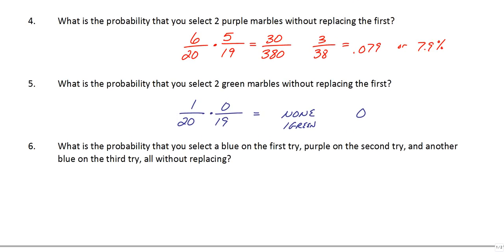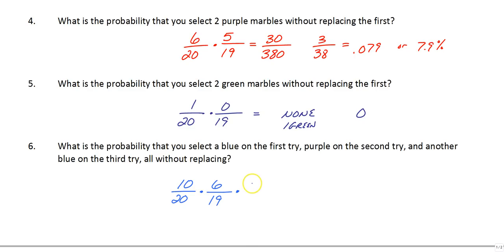And the last one, number 6, what's the probability that you select a blue on your first try? So there's 10 blue out of 20. Your second try, you're going to select a purple. So there's 6 purple still in the bag, but there's only 19 marbles total. And on your third try, you get another blue.